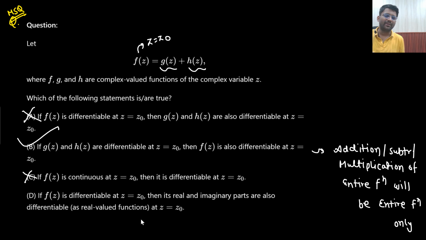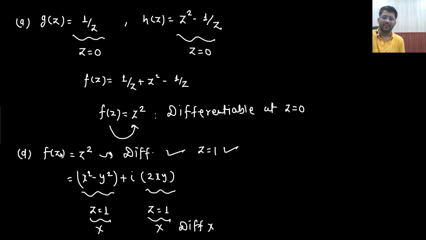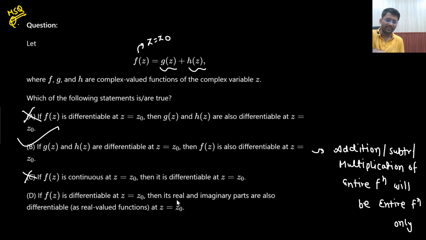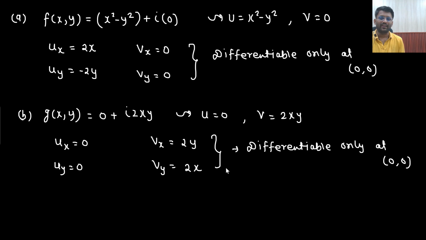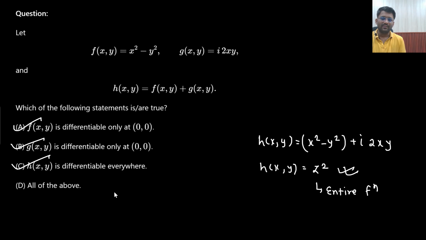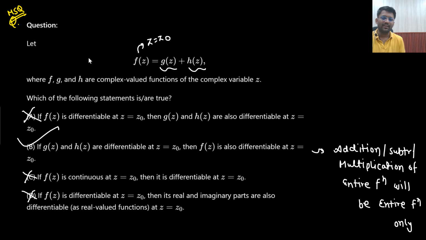So at z equals z naught, this complete function is differentiable, but are its real and imaginary parts also differentiable? No, they are not differentiable. We have checked it here. I have taken this question only to explain the last part. So this is also not correct. Although I put it as an MSQ, actually only one option is correct.